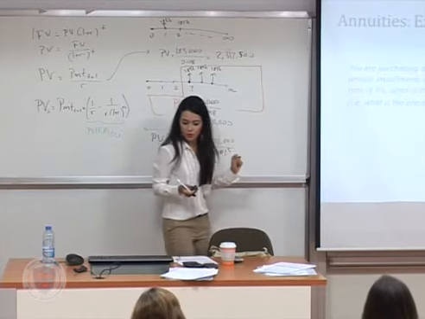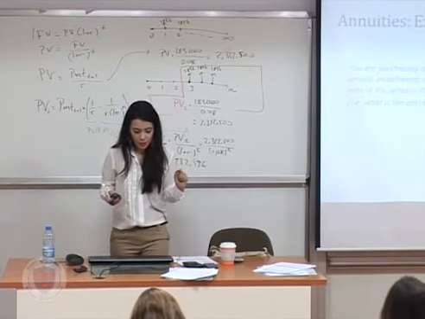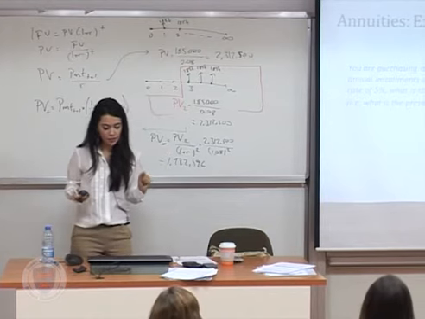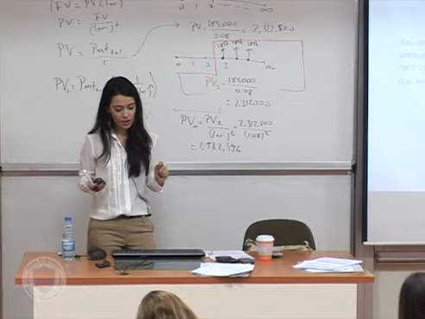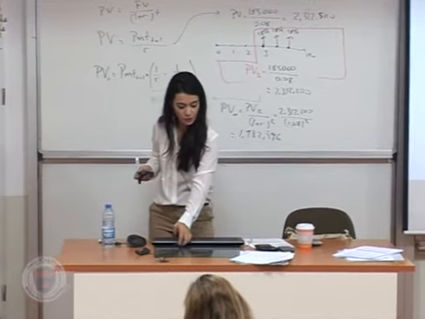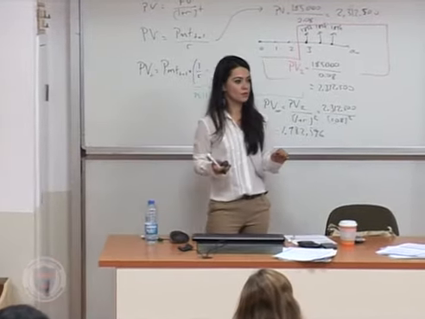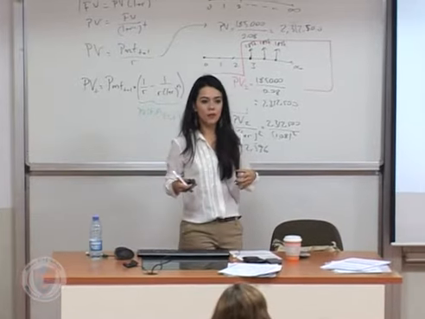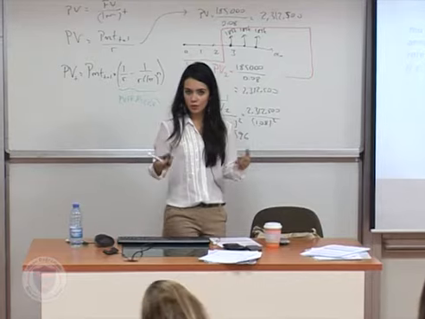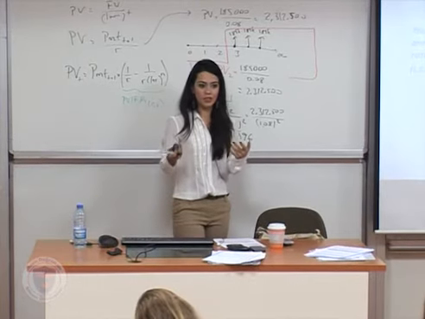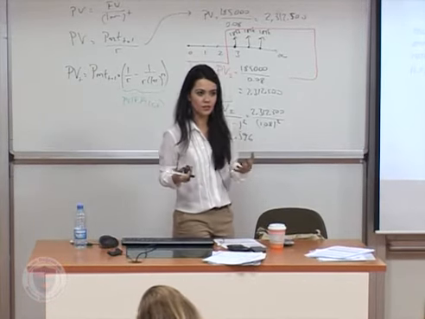Okay. So let's look at this one. You're purchasing a home, and you're scheduled to make 30 annual installments of $10,000 per year. Given an interest rate of 5%, what is the price you're paying for the house? So annuities are basically mortgage examples, and you will use it in your real life as well. So these are important things.